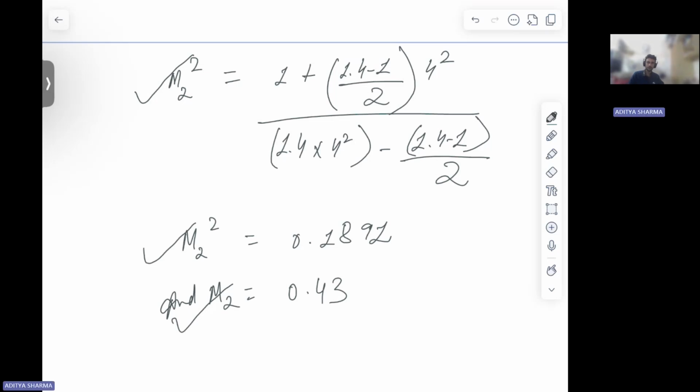But in oblique shock waves, this is not the case. The Mach number across an oblique shock remains supersonic only, but it decreases.